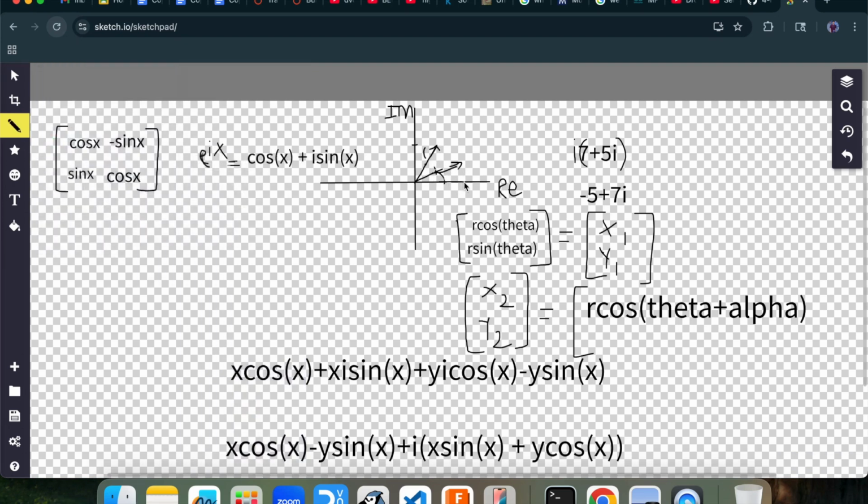So let's say this one. Okay, let's just call this angle A, and let's call this angle B. Simpler.